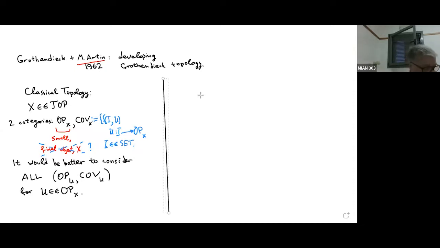But Grothendieck was not interested in these details at all.